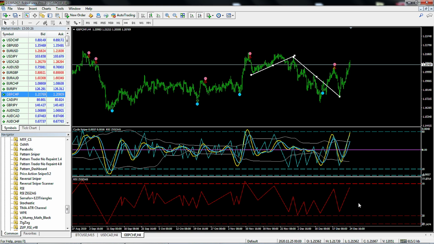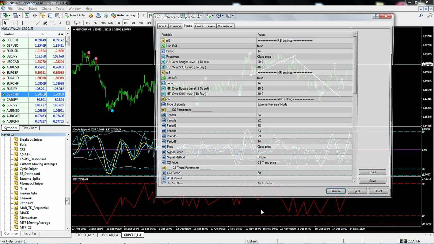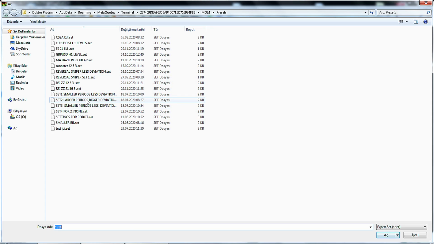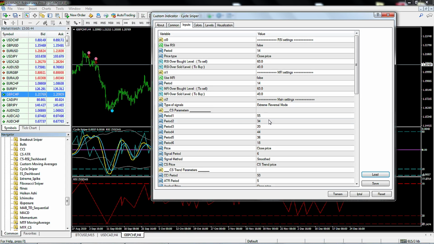Also, to see the bigger cycles, we add another Cycle Snipper with the bigger deviation. Here, drag it and drop it to the second window. Larger period, bigger deviation. Extreme reversal mode 55, 34, 20.